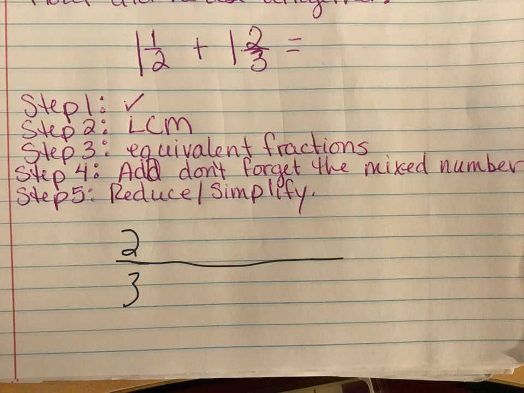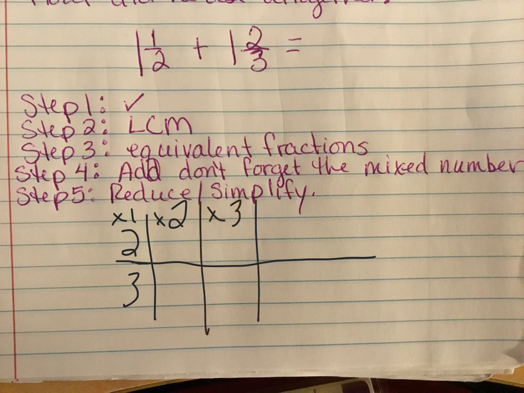So we're going to go ahead and put the denominators in our chart so that we can find our LCM. Times 1, times 2, times 3, times 4. Okay, and you're going to go ahead and go through all of these. You should already have this on your paper.